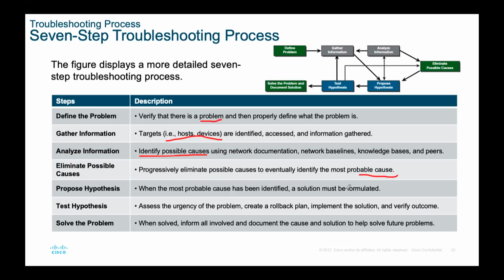Test hypothesis: assess the urgency of the problem, create a rollback plan, implement the solution, and verify the outcome. Then next, solve the problem. When solved, inform all involved and document the cause and solution to help solve future problems.